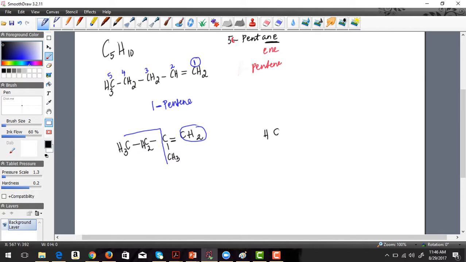Okay, just one more thing, because you will definitely have that confusion. How do I know which chain to choose? They both have 4 carbons. Well, in the alkanes, it does not matter which of the 4 carbon chain you chose, but in the alkene, it does matter. Okay, so I'm going to get my red. If I choose this, I still have 4 carbons, right?